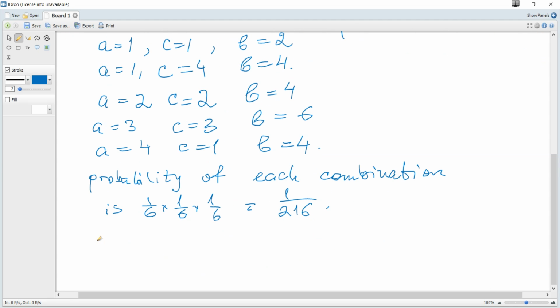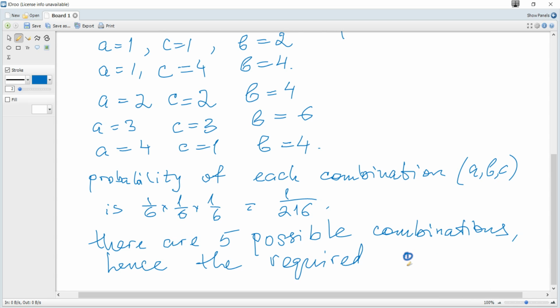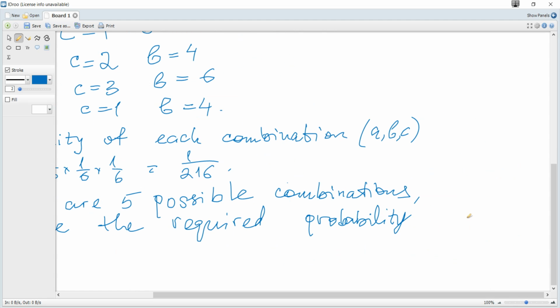And there are 5 possible combinations ABC, hence the required probability is 5 over 216.